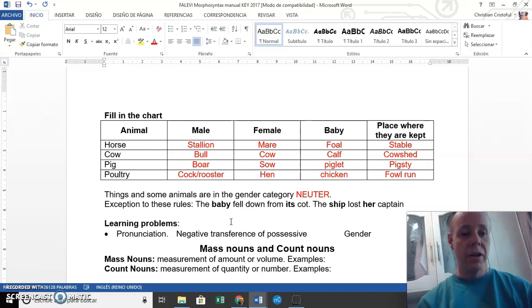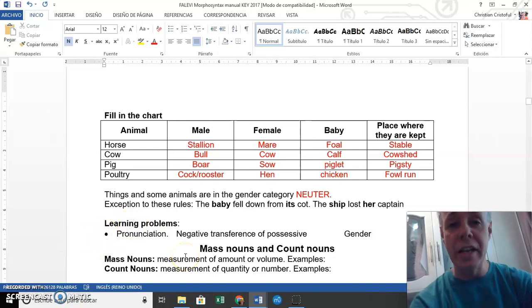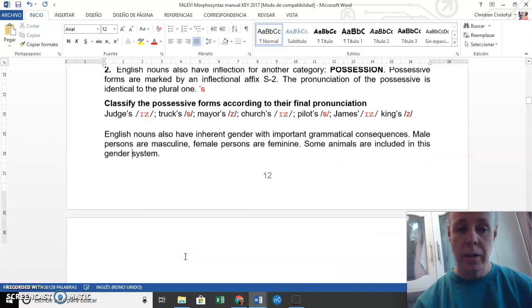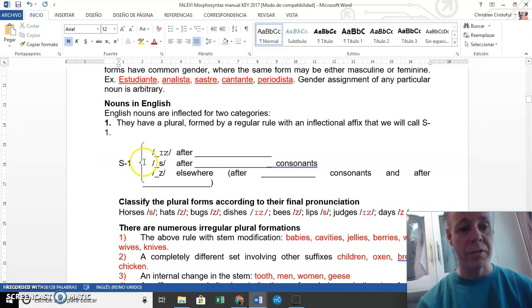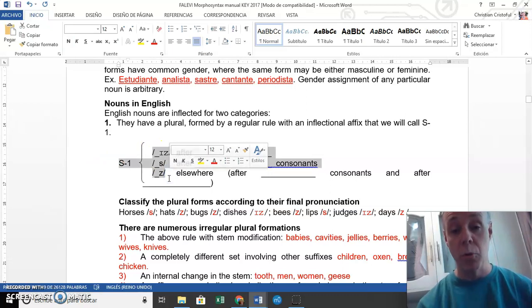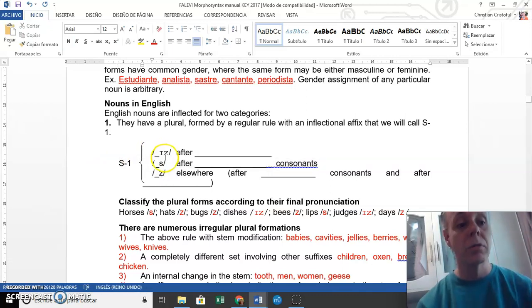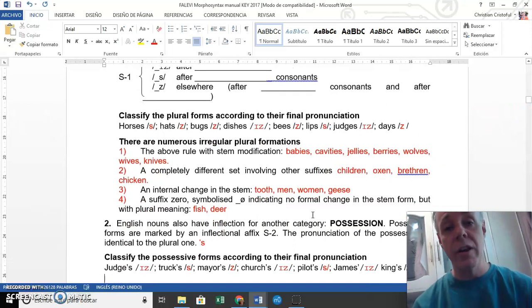Okay. Learning problems. Which learning problems would a person studying English have? Well, definitely they have problems with plural pronunciations. They don't know how to pronounce plurals properly, nor the rules. Also, students learning English have problems with irregular plural formations.